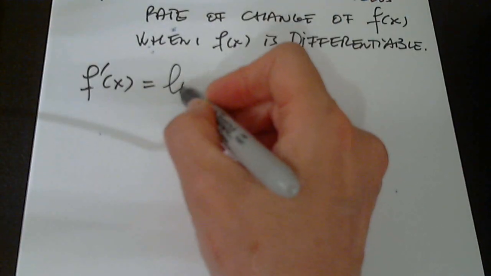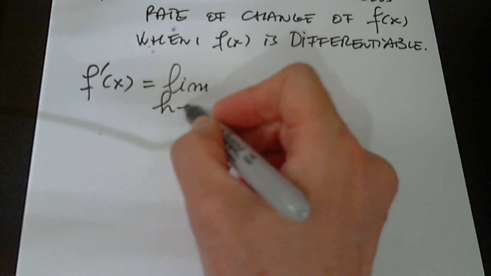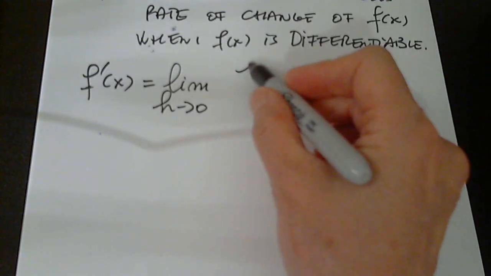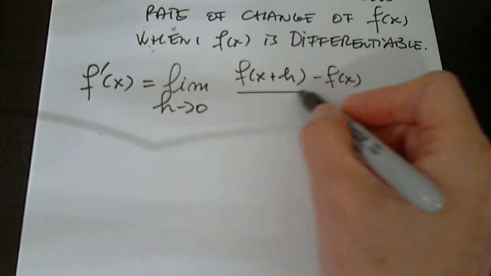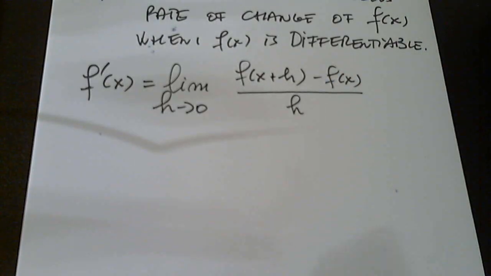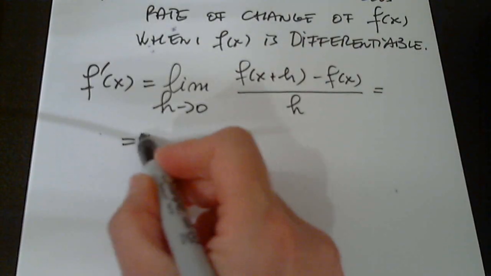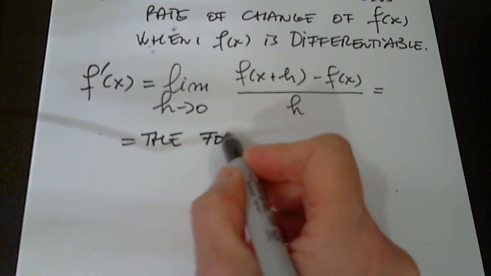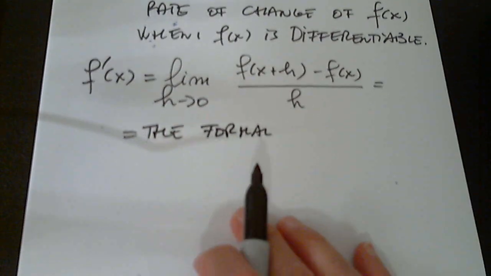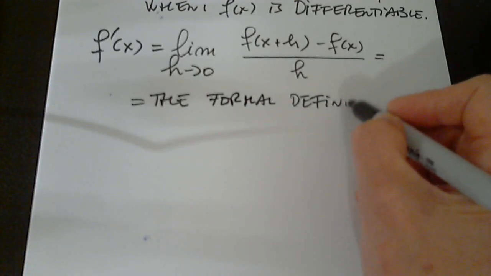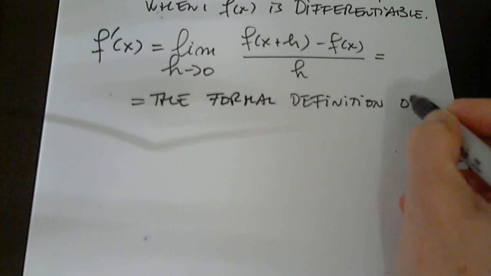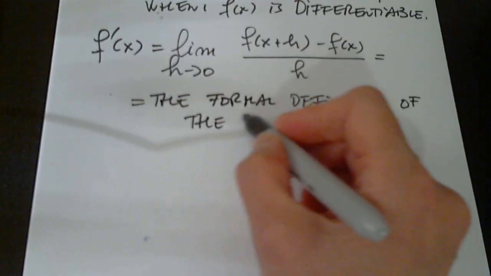So this is the limit as h approaches 0 of f of x plus h minus f of x divided by h. This is what is called the formal, and actually the only, formal definition of the derivative function.